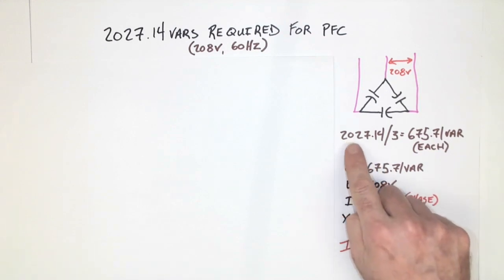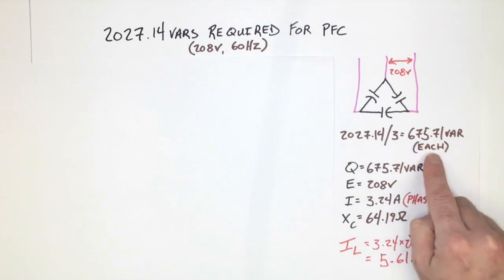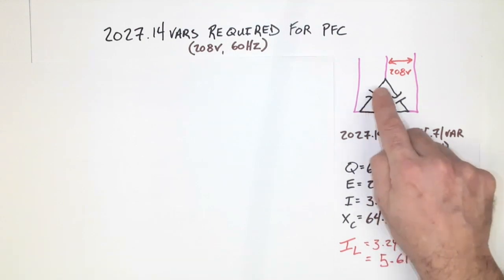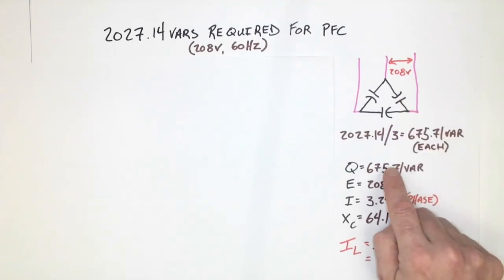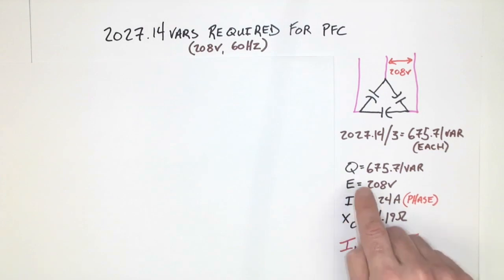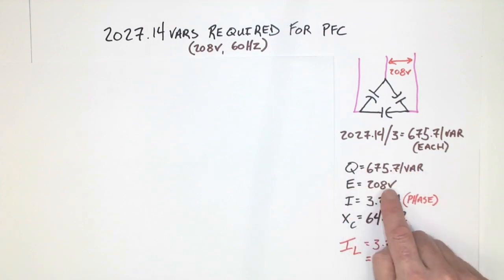We would divide the total by 3 to get the individual VAR rating for each of these 3 individual single-phase capacitors. I then place that into a bit of a chart where I have the Q VARs, E the voltage.